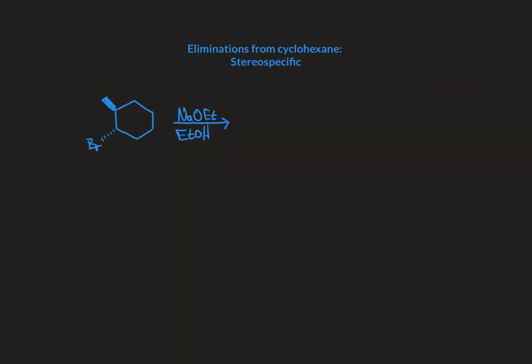Let's consider one that's a little bit harder. I want to look at the stereospecific elimination from cyclohexanes. So hopefully you recognize this reaction as an E2 reaction. I've got a strong base. I'm a secondary alkyl halide.